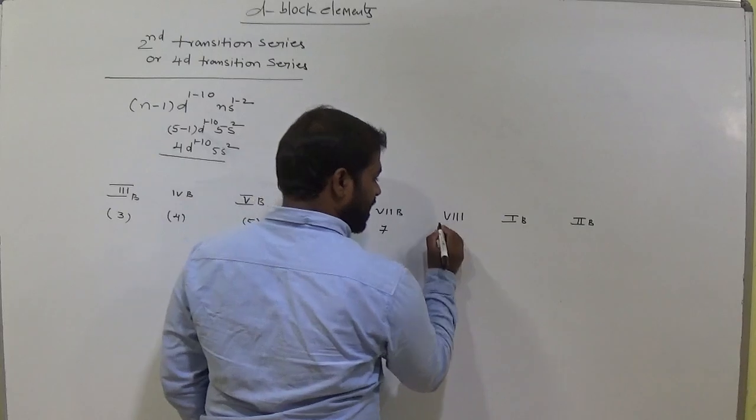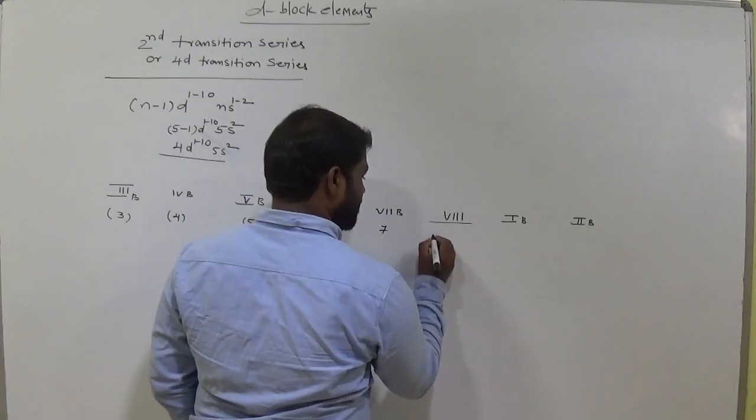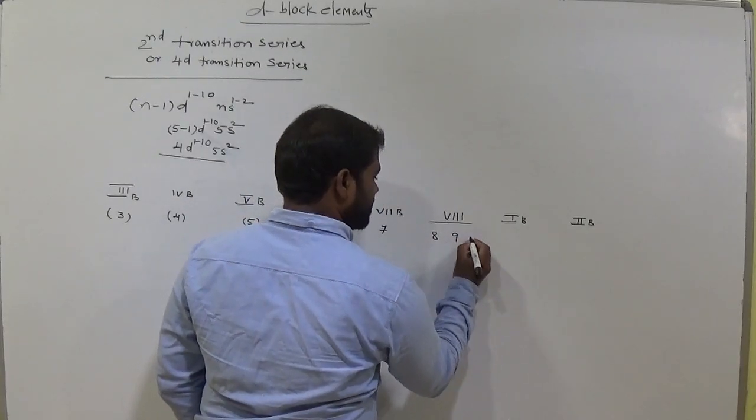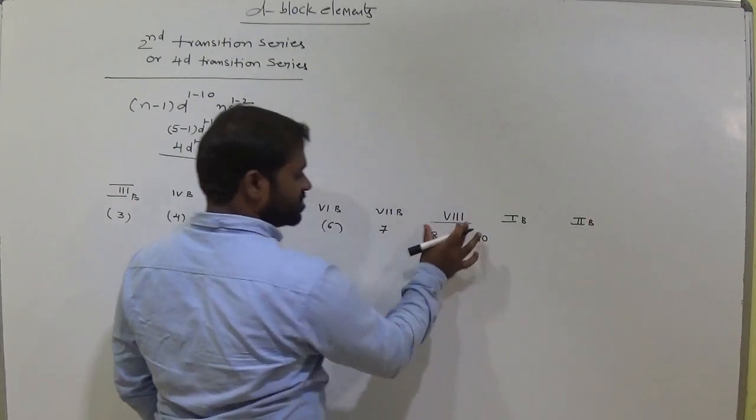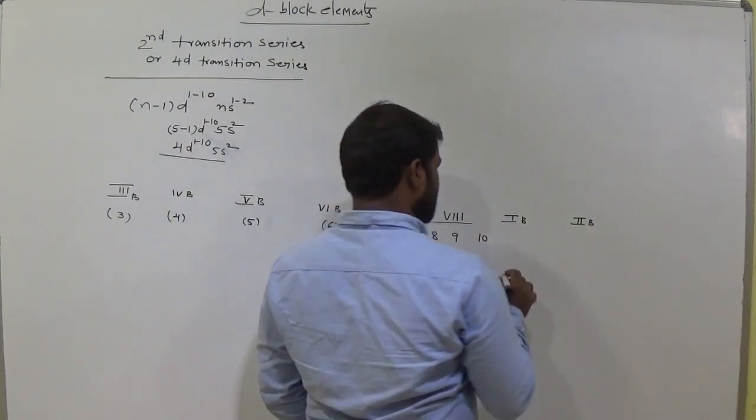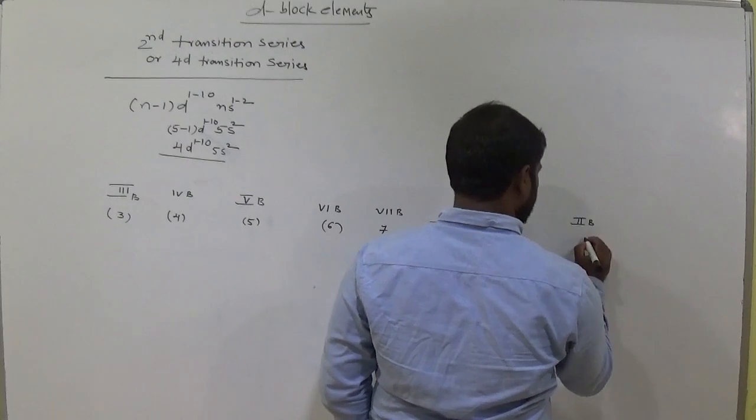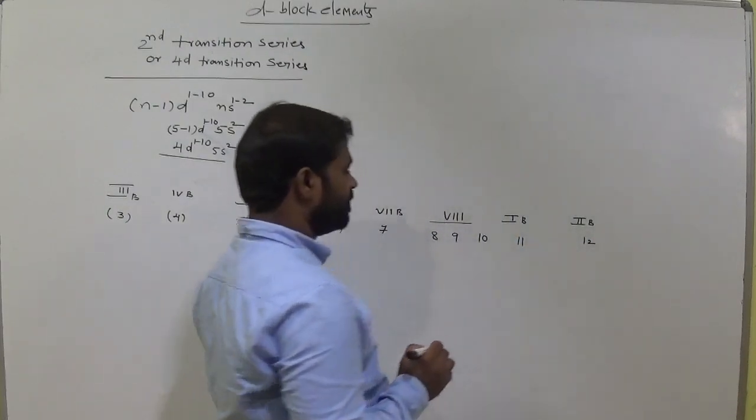In eighth we have again 8, 9, 10, these all belong to the 8th. And this is 11th and this is 12th. Clear?